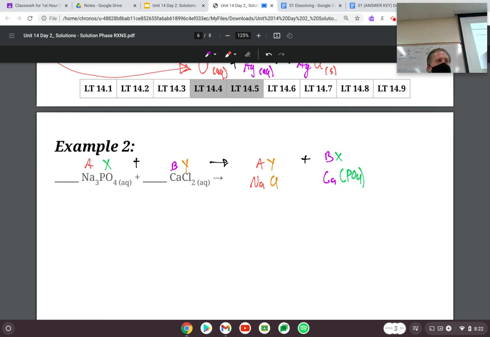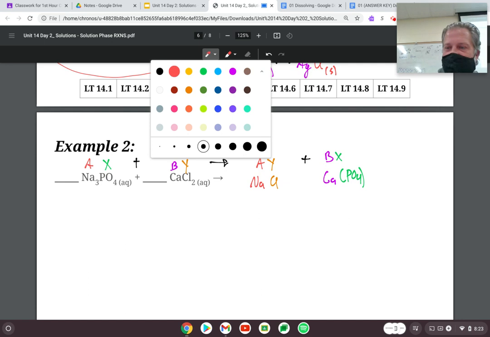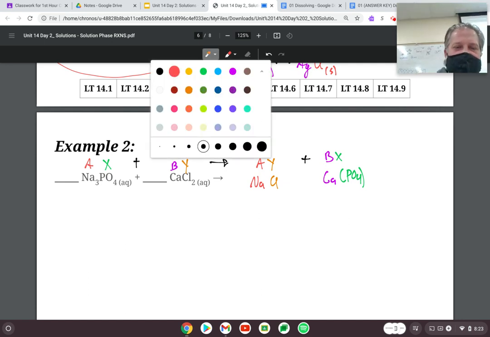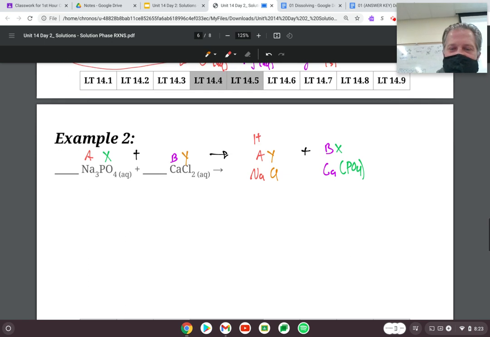Going back to your periodic table, on the top of those columns are charges for every element, well, the easy ones anyway. Sodium is in the first column, so it has a charge of +1. Chloride is in the 17th column, and it has a charge of -1. So when I crisscross those charges down, it is NaCl, 1:1.